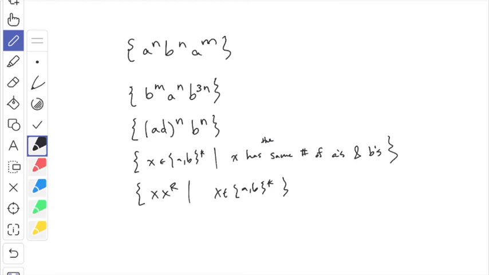So always create every time the same number.